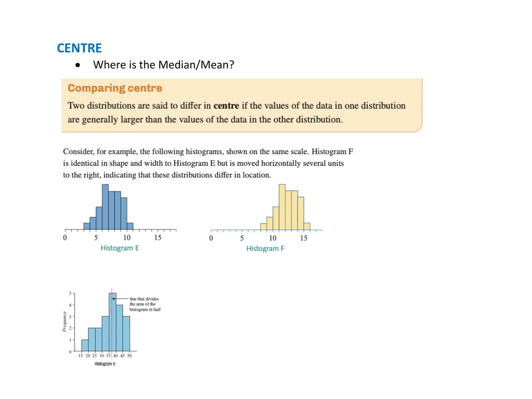Okay, now when we are talking about our histograms, we're going to talk about the center. When we have two distributions, they're said to be in different centers if the values of the data in one distribution are generally larger than the values of the other. So if you have a look here, we talk about the median.